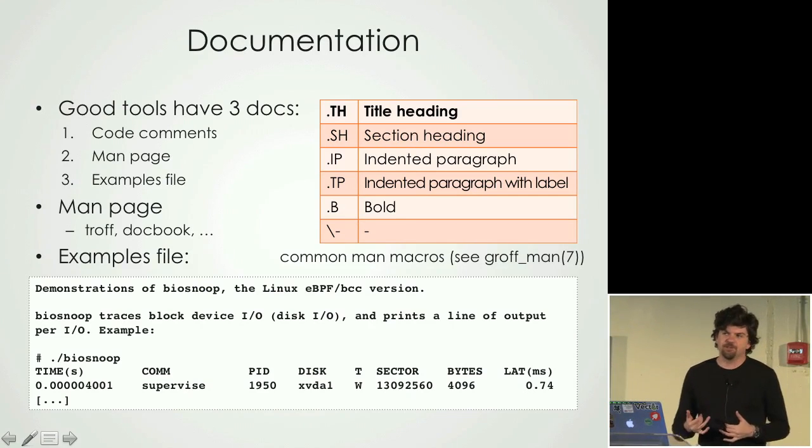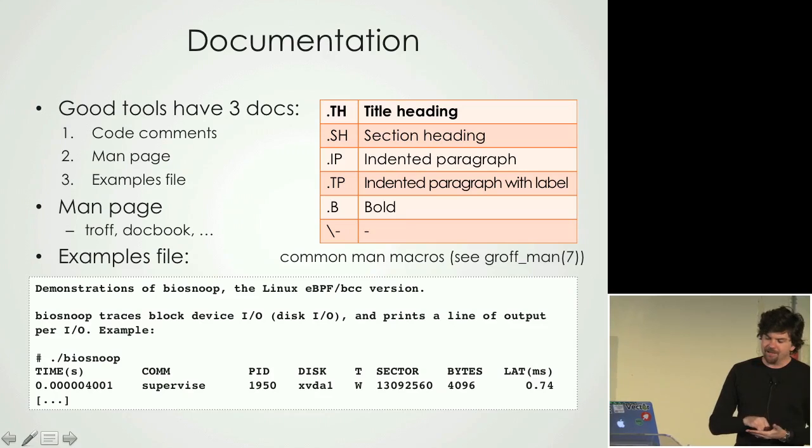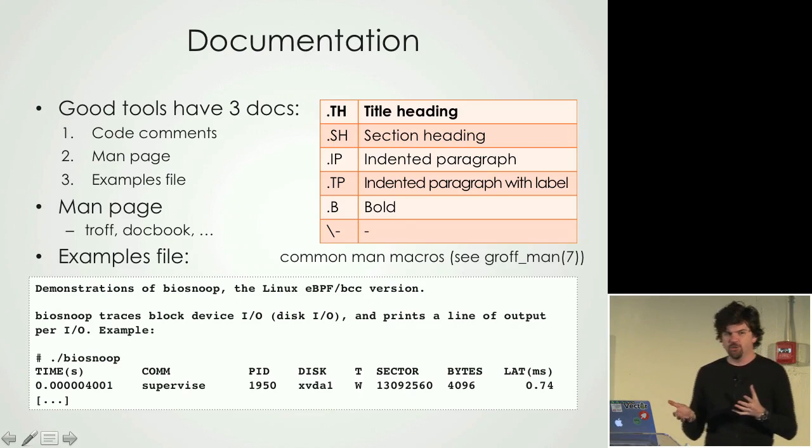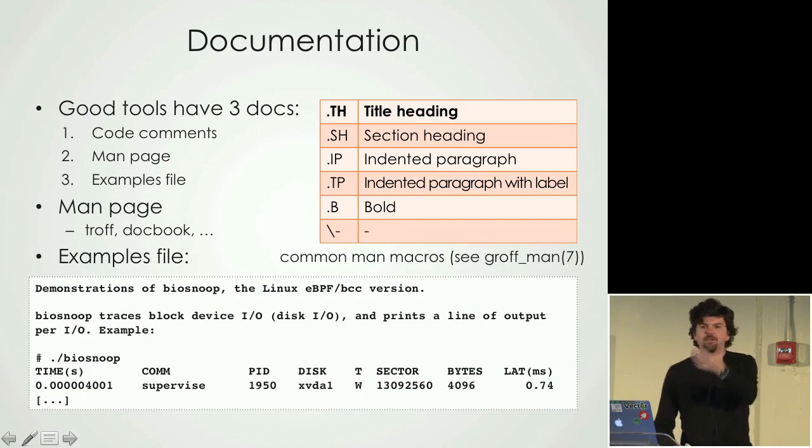I really like examples files. People often learn tools by looking at screenshots, and this is also a testament to tool design. If you design a good tool, then I can look at the screenshot and understand what it does. So for a lot of the tools I create, I deliberately create a text file of example screenshots because I know it's a quick way to learn what the tools do.